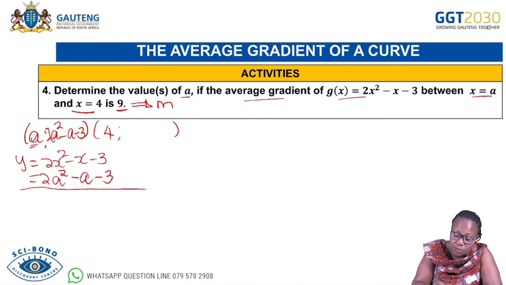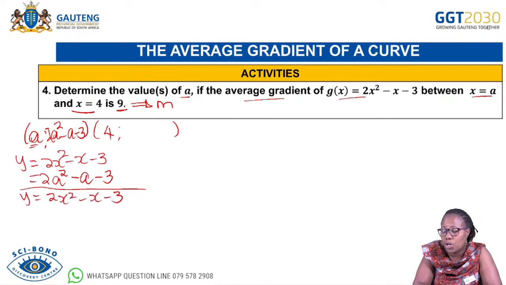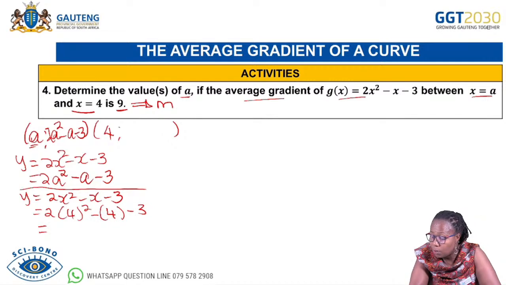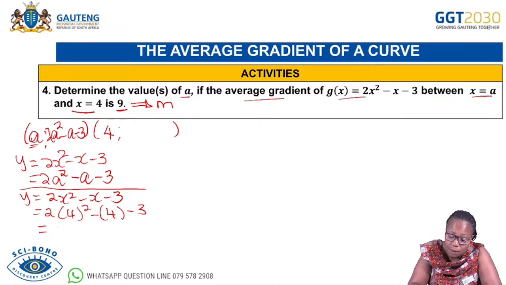Looking for the second y value now. And we take the same expression, y is equal to 2x squared minus x minus 3, same equation, grade 12. We now substitute the value of x, which is 4, that will be 2 into 4 squared minus 4 minus 3. And then this into our calculator, so we end up with the y value being what? 25.